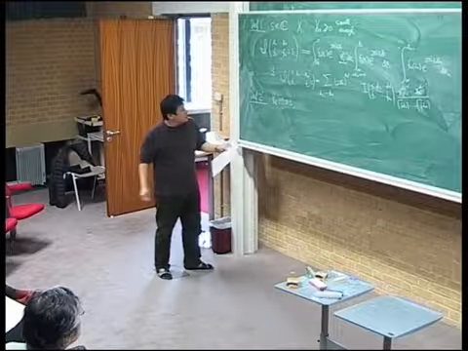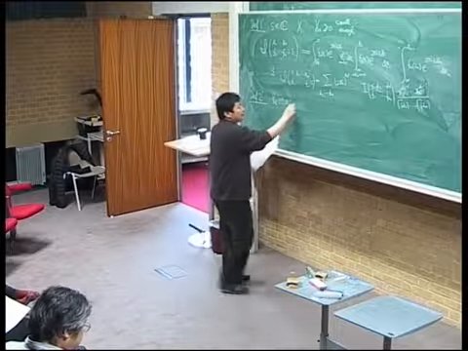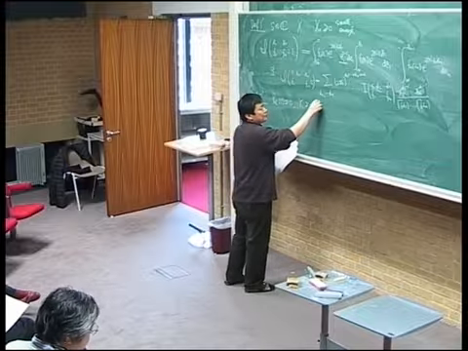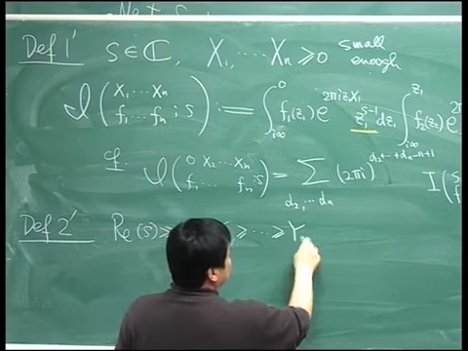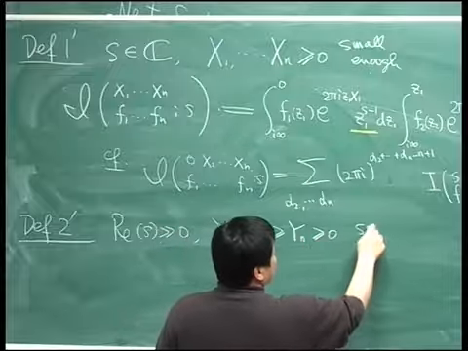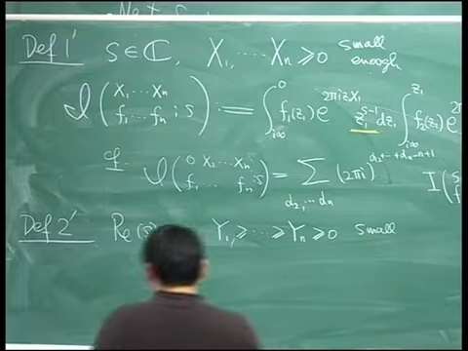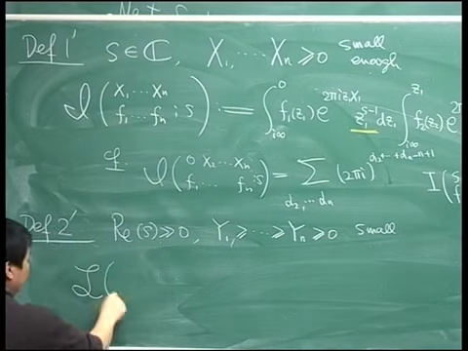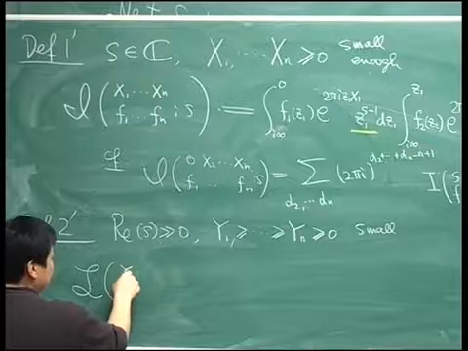For complex numbers whose real part is large enough, and here y is a parameter of power series, which is also small enough, then we define the generating function of multiple L by this form.